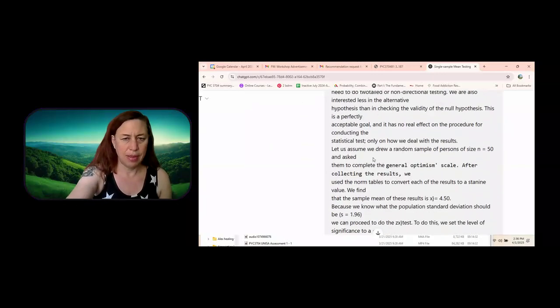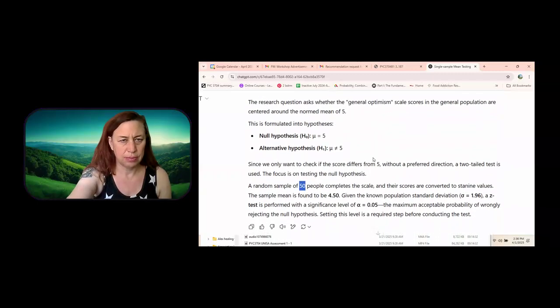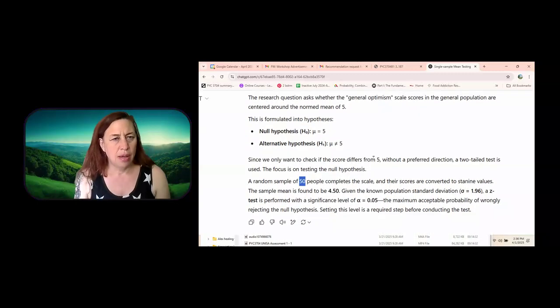Okay, then I did exactly the same for the next text. The research question asks whether the general optimism scale scores in the general population are centered around the normed mean of 5. This is formulated into hypotheses. The null hypothesis is that the sample mean is exactly equal to 5, so there's no difference.